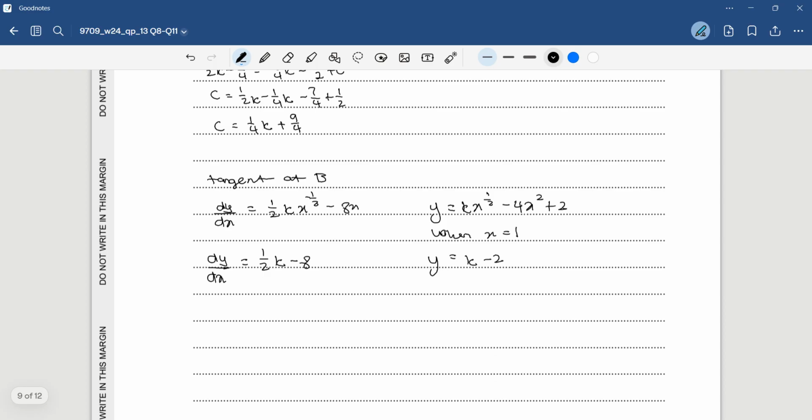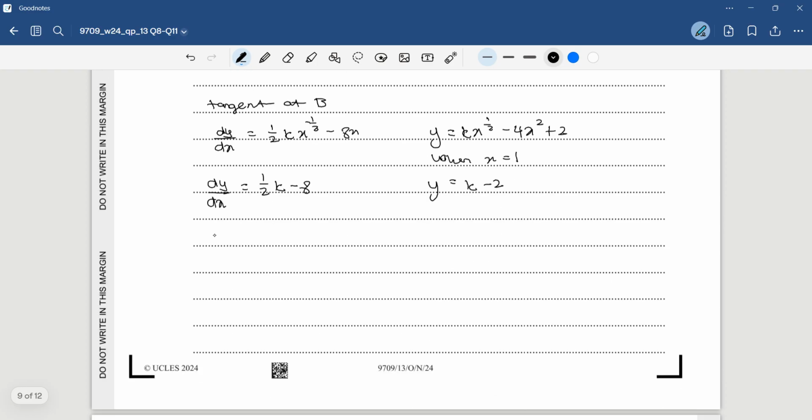Okay, so equation of tangent at B will be y equal to 1 over 2k minus 8x plus c. When x equal to 1, y equal to k minus 2. So k minus 2 equal to 1 over 2k minus 8 plus c. Therefore, c equal to k minus 1 over 2k minus 2 plus 8.